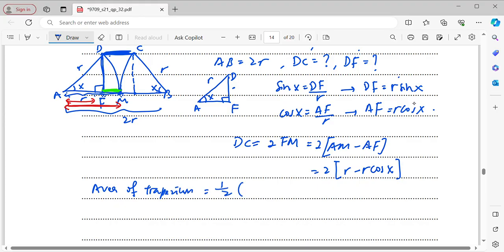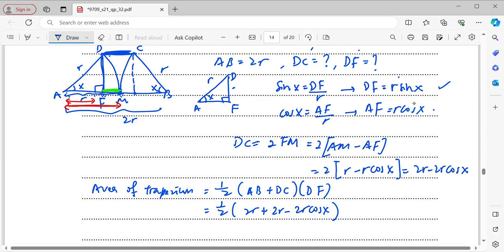So area of trapezium equals to half of AB plus DC times DF. Okay, so AB is 2R. DC, when you do expansion, this is basically 2R minus 2R cos X. So I will get 2R minus 2R cos X. Then my DF is R sin X. So from here, the 2 will be cancelled off first with the half.